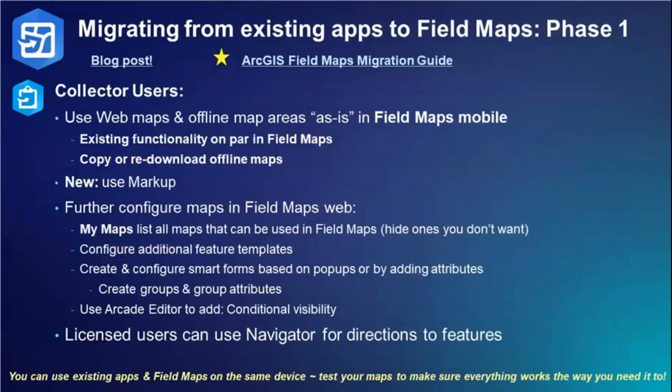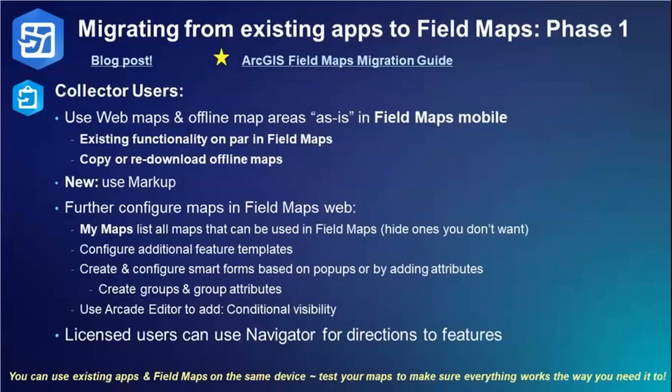You will need to, in Field Maps, copy over or re-download your offline maps because they are sitting in a different folder. So if you've ever looked at your files apps on your mobile device, there's a Collector folder, there's an Explorer folder, and within those folders, you can have things like your mobile map packages that you've downloaded or your offline base maps.